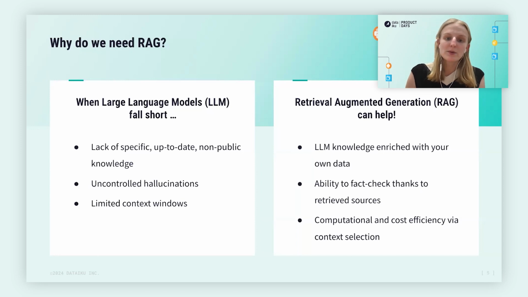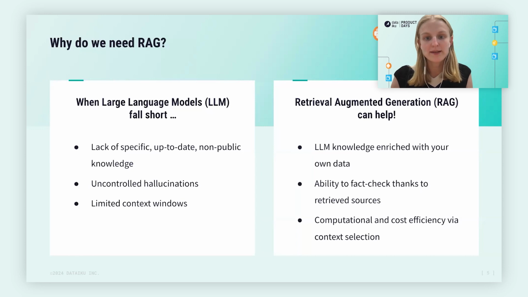Finally, RAG is also a way to be cost-efficient and computationally efficient via context selection. I don't need to feed a huge document to my LLM to obtain an answer, because retrieval allows me to select only the relevant pieces of information before feeding them to the model.